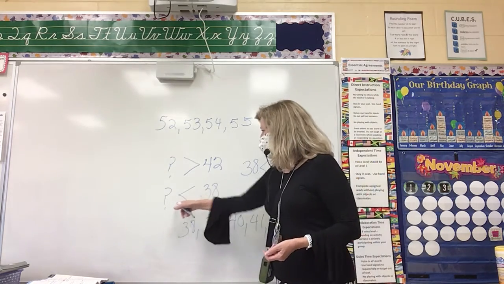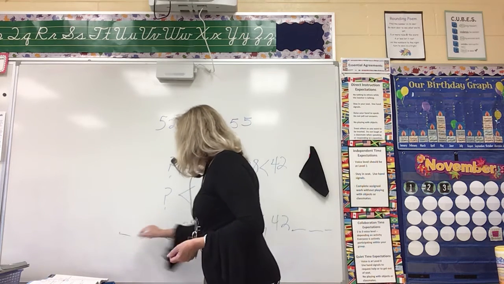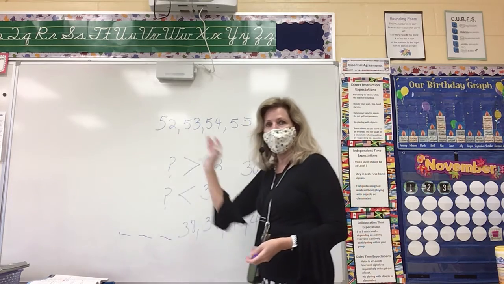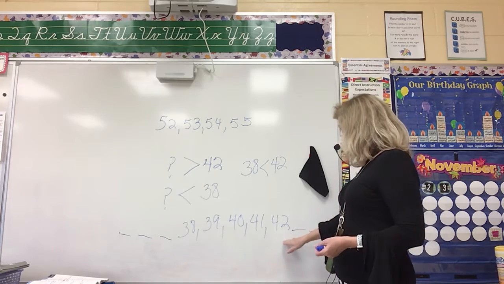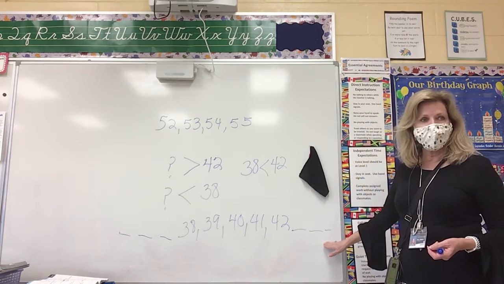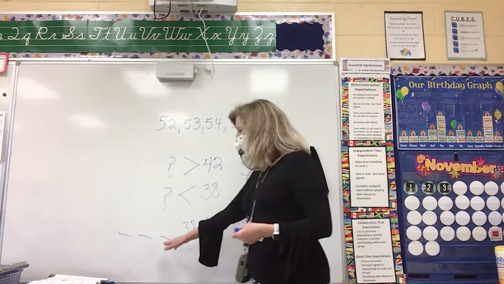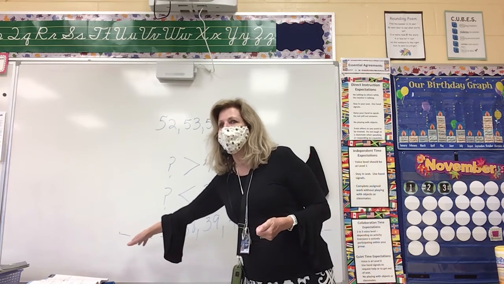But he's reading fewer than 38. Well, fewer than 38 would be 37, 36, 35, keep going down. So he's got two ends. He's saying that he reads more than 42, so anything over 42, but also less than 38. Is that possible? No.